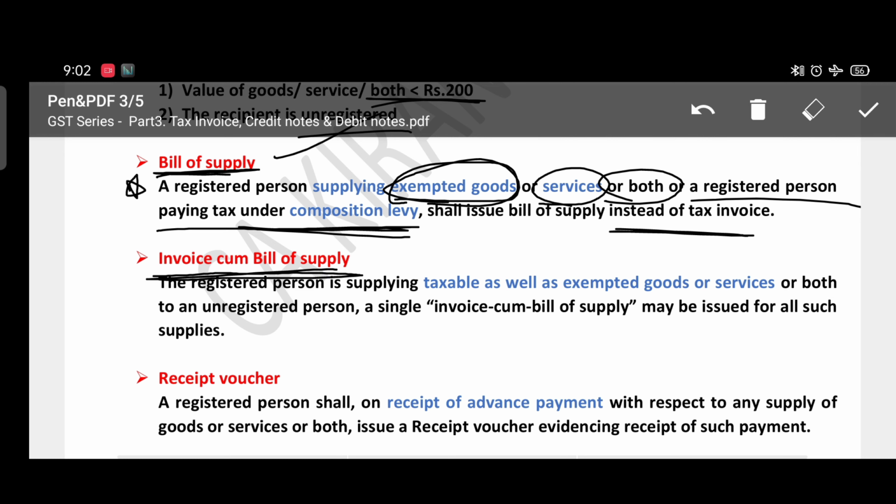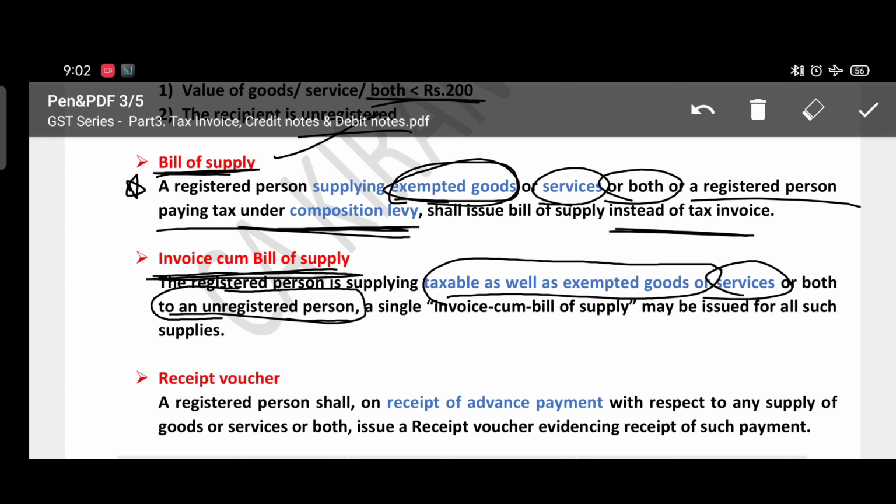And invoice-cum-bill of supply. If the registered person is supplying taxable as well as exempted goods or services, then he can issue an invoice-cum-bill of supply when he is supplying to an unregistered person. This is most important: he can issue an invoice-cum-bill of supply only when he is supplying to an unregistered person.